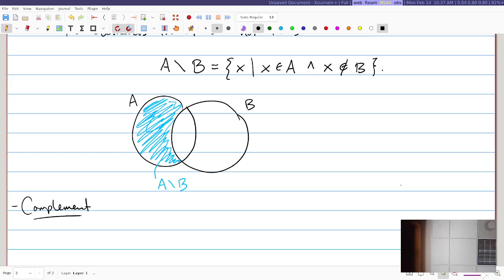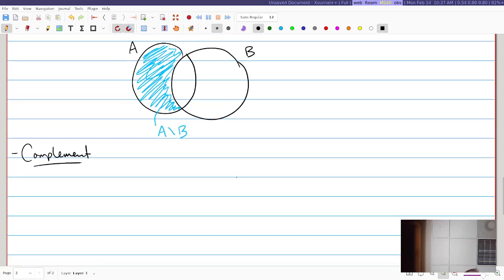So, to talk about complement, we have to already have in mind some kind of universe, or a domain that we're talking about. And then the complement is everything in the domain that's not in this set. Okay, so you have to restrict what you're talking about first for that to make sense.